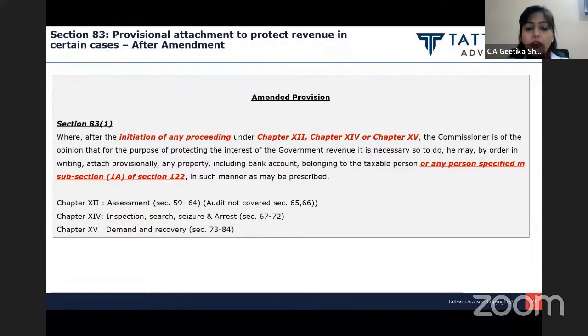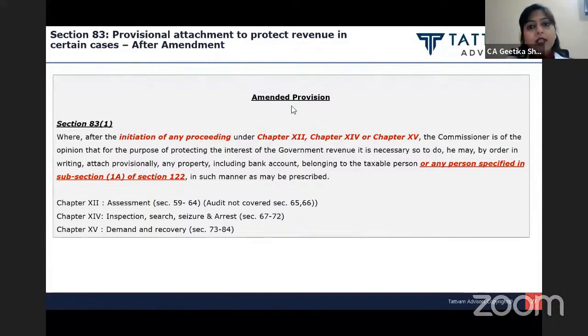Self-assessment was not earlier covered under provisional attachment. Only if it was a best judgment, scrutiny, etc., or when it was a section 73, 74 notice, search proceedings. Now everything, whether it is assessment, whether it is an audit, they can attach the properties of the taxpayer because of this wide power that has been given to the tax officers.